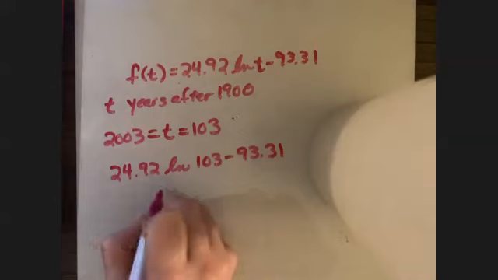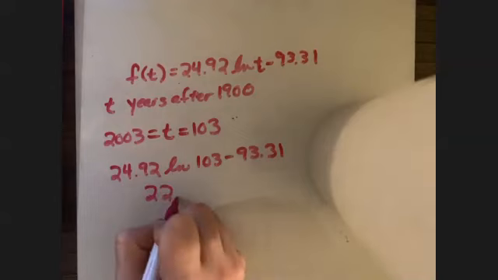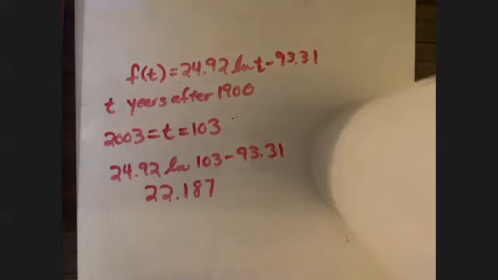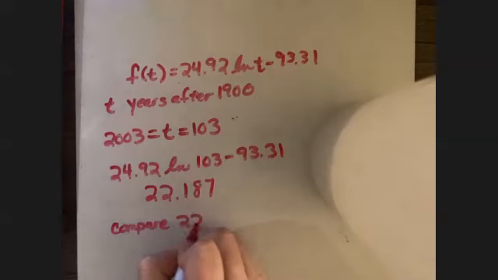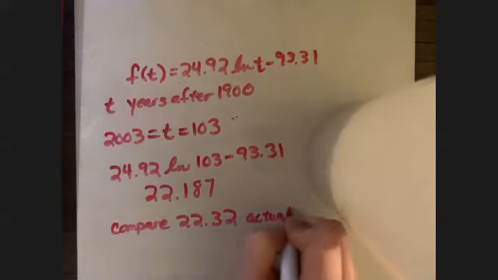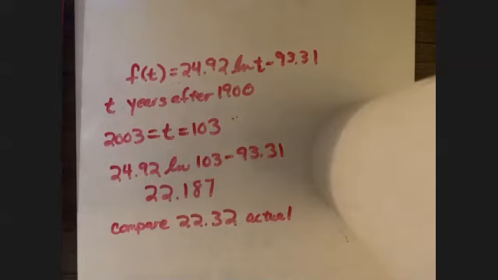I'm getting that this is 22.187 roughly, and it says, how does this compare to 22.32? This was the actual. It's a little under, but it's fairly close.